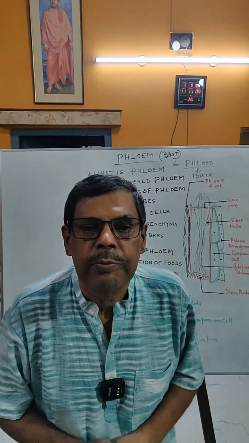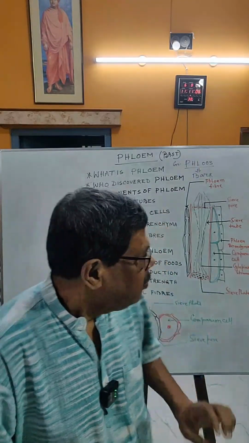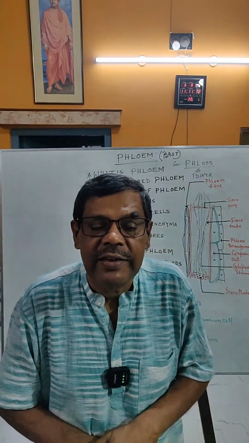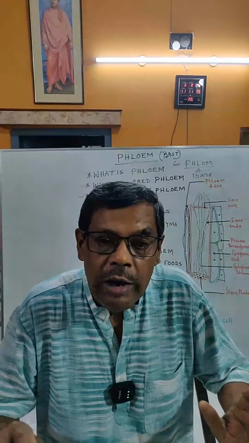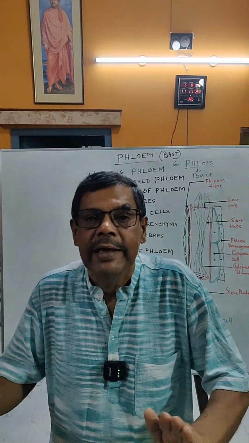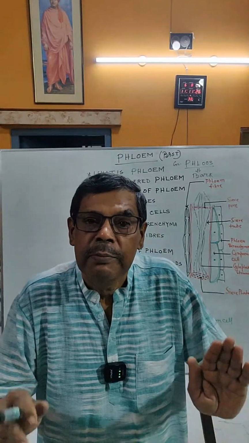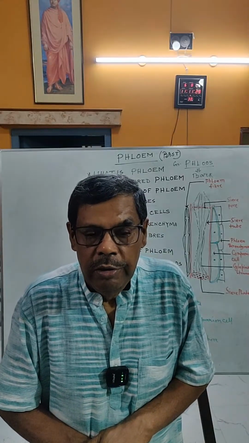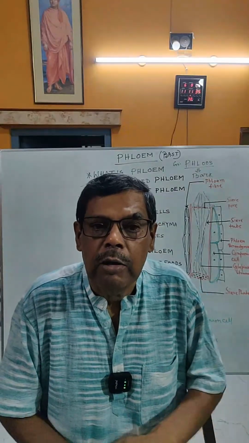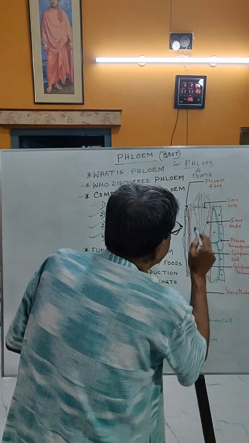At the end of sieve tube cells, that is, in between two sieve tube cells, there is a plate-like structure, which is called the sieve plate. This sieve plate is obliquely placed and perforated by several pores. These pores are called sieve pores. Sieve pores may be simple or compound. This is the sieve plate, and this is the sieve pore.